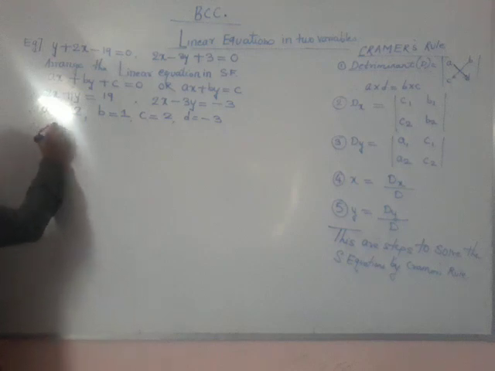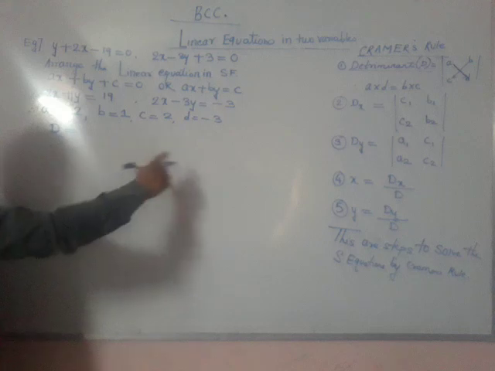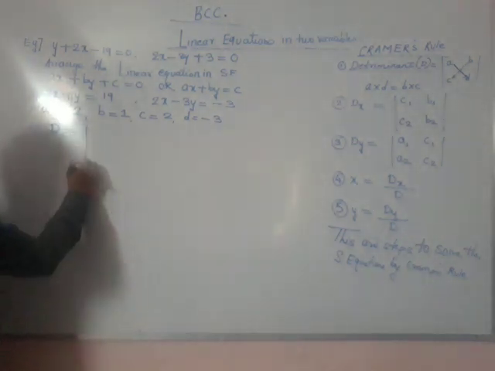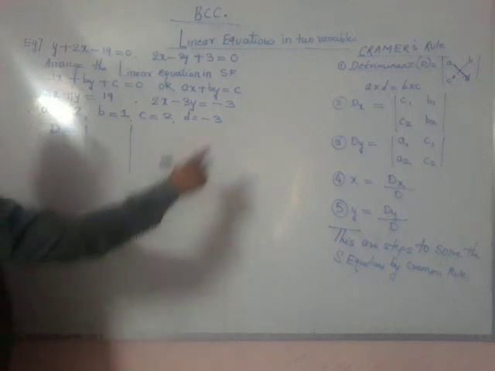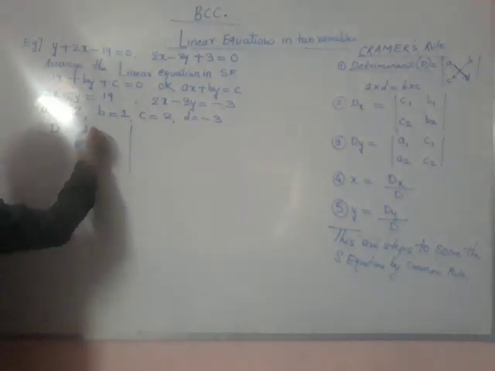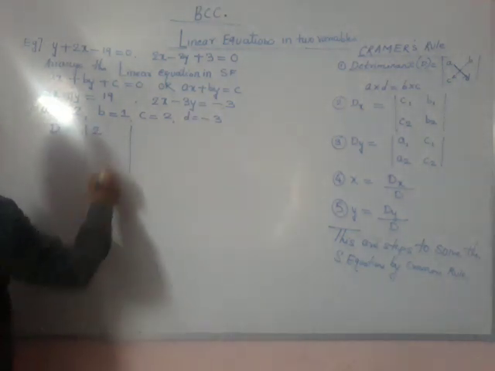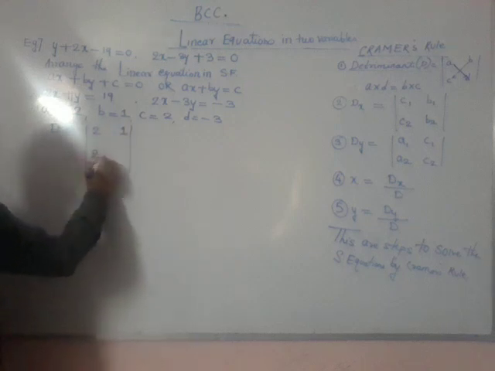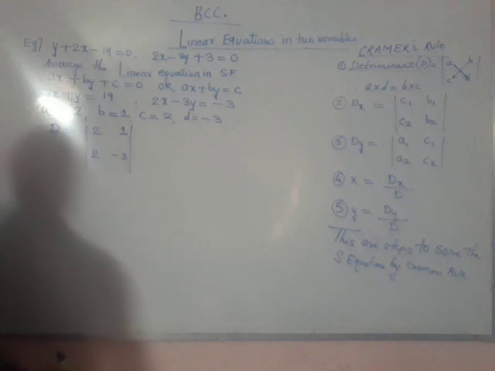Let us find out now D, the determinant. So what is the formula? A, B, C, D. Come on. What is the value of A? 2. What is the value of B? 1. C, 2. And D, minus 3.